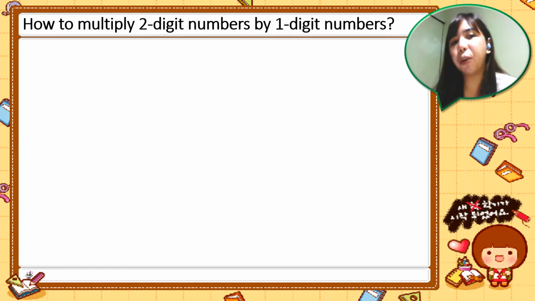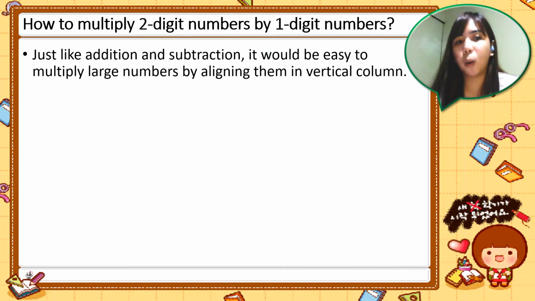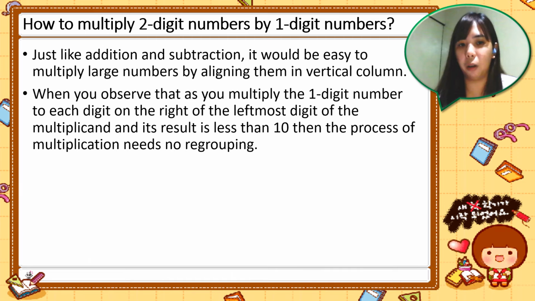So how do we multiply two-digit numbers by one-digit numbers? Okay, just like addition and subtraction, it would be easy to multiply large numbers by aligning them in a vertical column. So this is the first step. You need to align them, or place them in a vertical column.